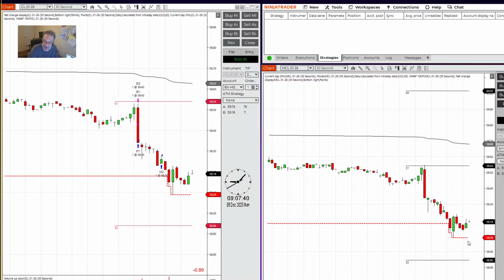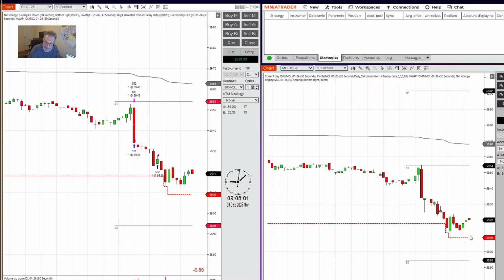It's got to be a green candle. My stop would be below 59 on that if I was going to go long here. It's not that big a stop. Certainly not for micros. It's very manageable.